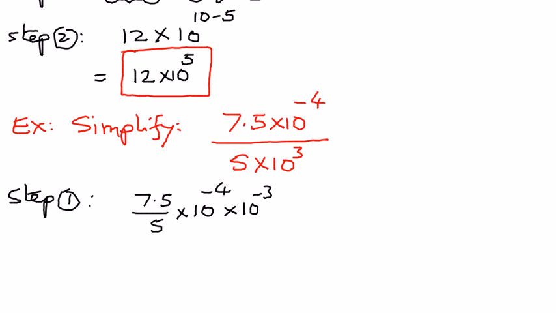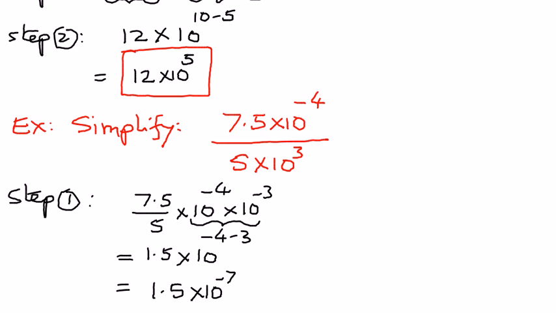Therefore 7.5 divided by 5 is going to be equal to 1.5 times, since the bases are the same, we can write the base once and then we can add the powers, -4 minus 3. So therefore, when we simplify this it is going to be 1.5 times 10 to the power of -7.